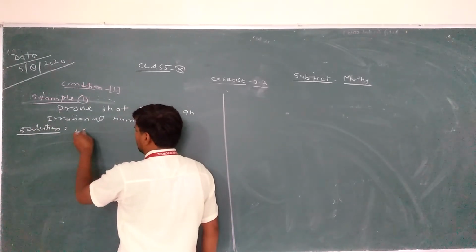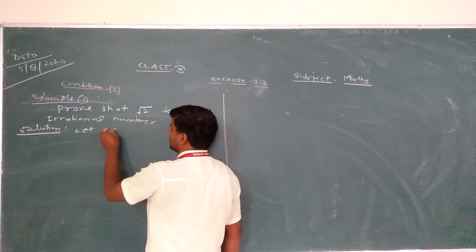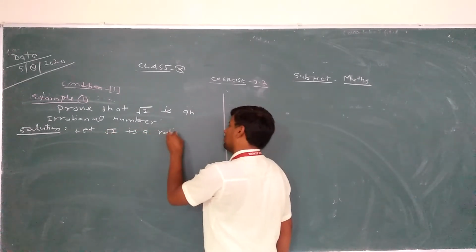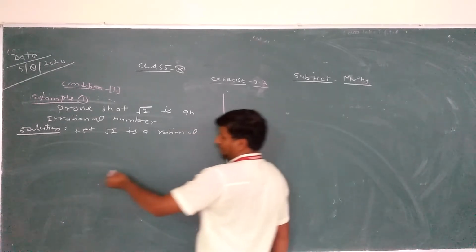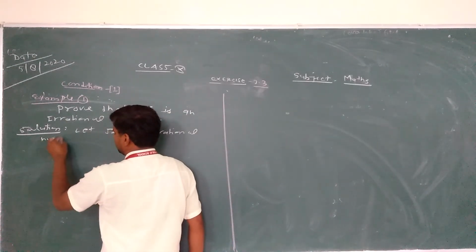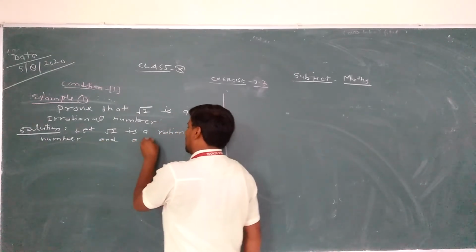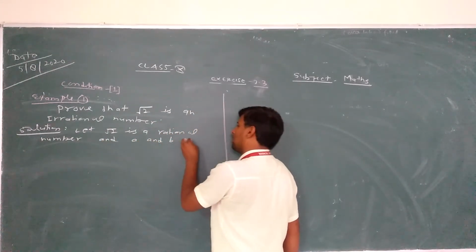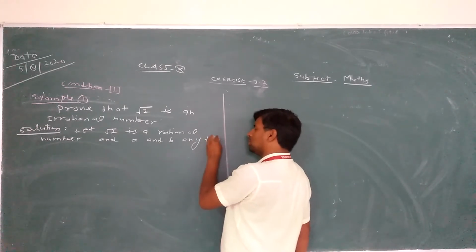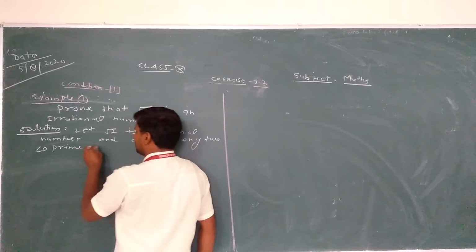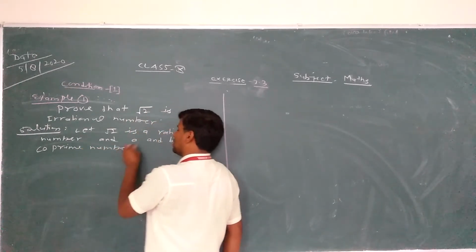Initially we assume that let root of 2 be a rational number, and A and B are co-prime numbers, that we assume.